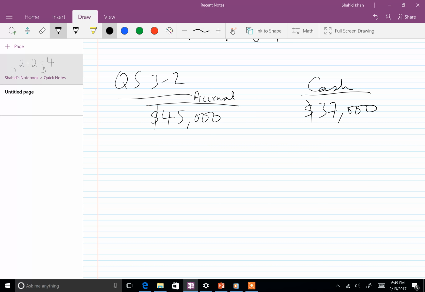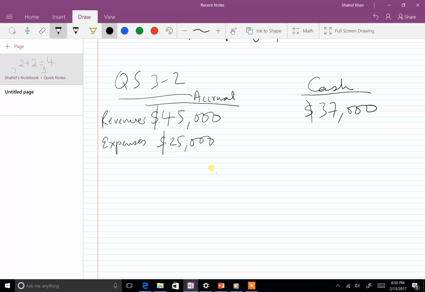And then in the next line it says incurred expenses. So incurred, I'm going to put here, just for clarity, revenues. I forgot that heading. And then I'm going to put here expenses. What is expenses? $25,000.